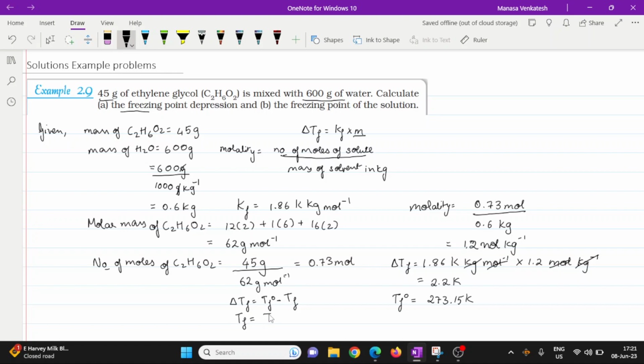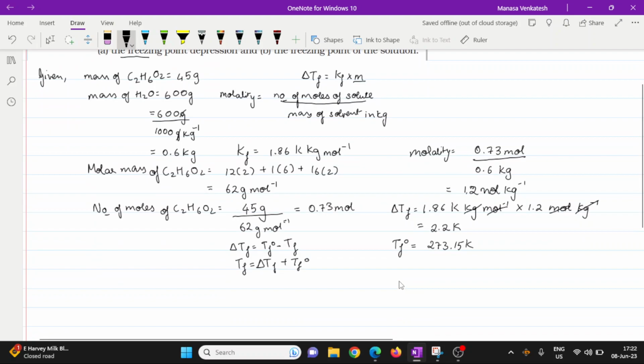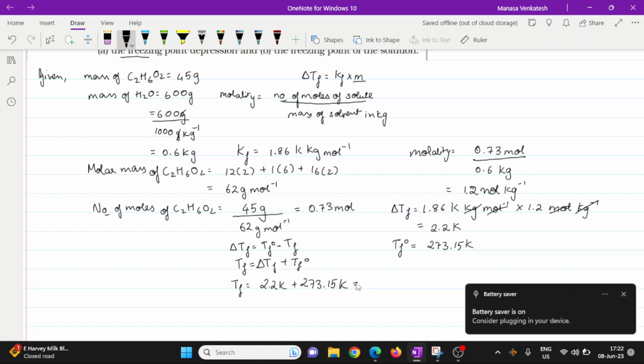So TF will be equal to delta TF plus TF naught. So the freezing point of the solution will be equal to 2.2 Kelvin plus 273.15 Kelvin, and this gives us the value of, oh, I'm so sorry.